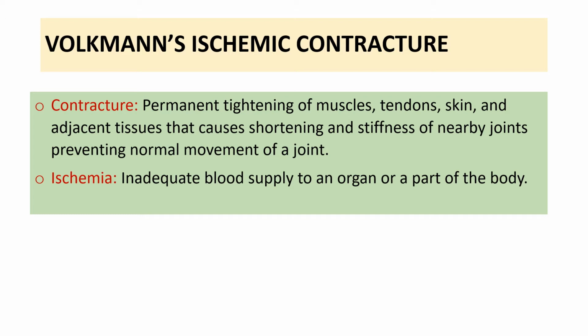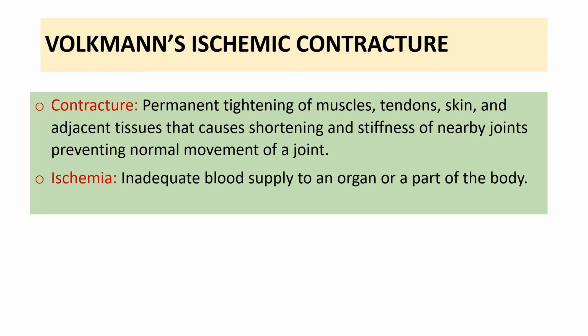So contracture is permanent tightening of muscles, tendons, skin and adjacent tissues that will cause shortening and stiffness of nearby joints. This prevents normal movement of a joint.